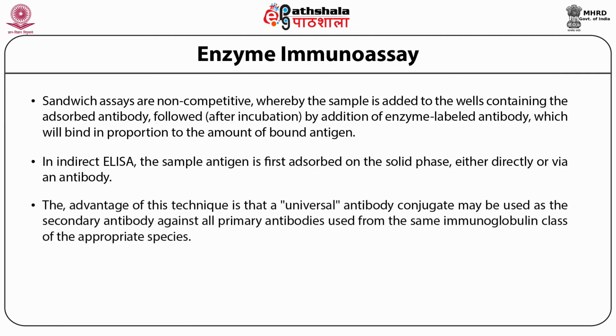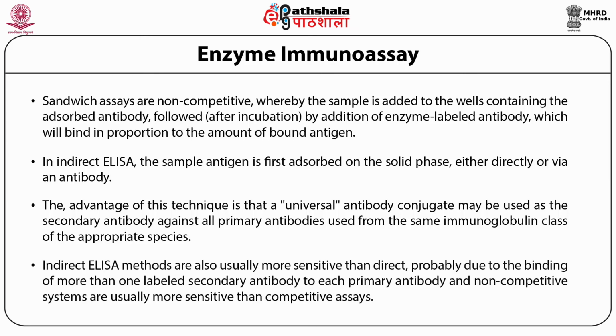The advantage of this technique is that a universal antibody conjugate may be used as the secondary antibody against all primary antibodies used from the same immunoglobulin class of the appropriate species. So, individually labeled primary antibodies are not needed for each antigen analyte.